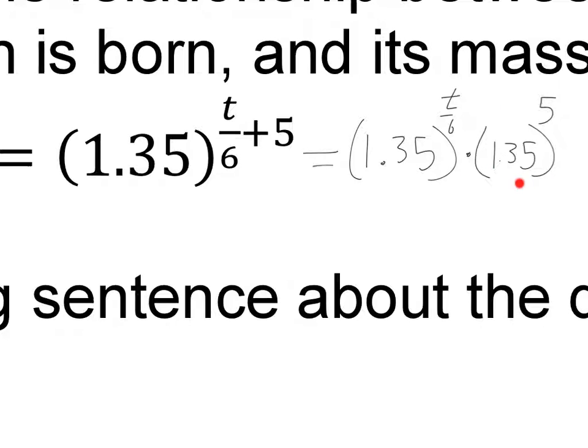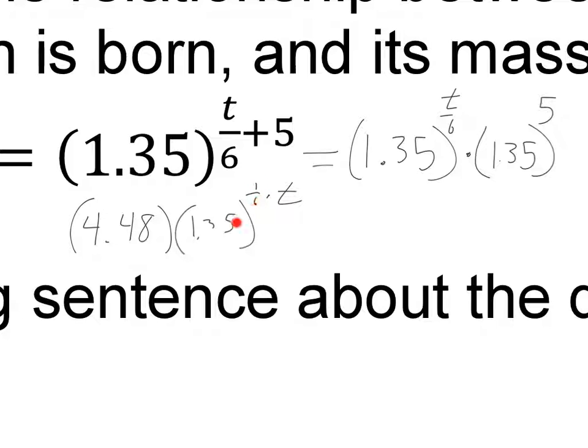And so I can actually calculate what 1.35 to the 5th power is. I put that in my calculator and I get about 4.48. So this is really like saying 4.48 times, and isn't t over 6 kind of like saying 1.35 to the 1/6 times t?